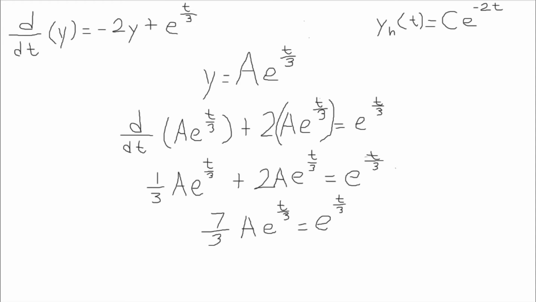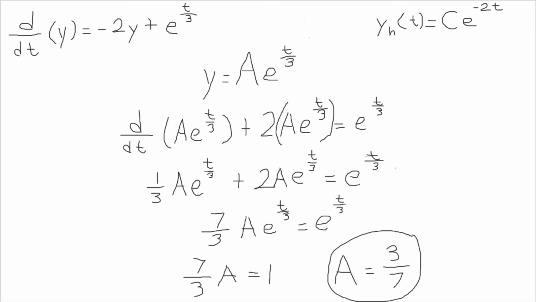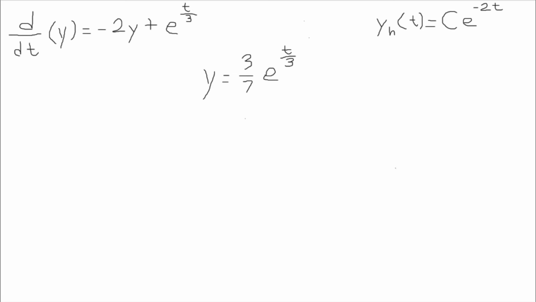Like before, I'm going to plug this into the initial condition, and we can see that leads us to 7 thirds a e to the power of t thirds equals 1 e to the power of t thirds. And with a little division, I concluded that our constant a value equals 3/7. So we can substitute 3/7 for a, and now we have a possible solution.